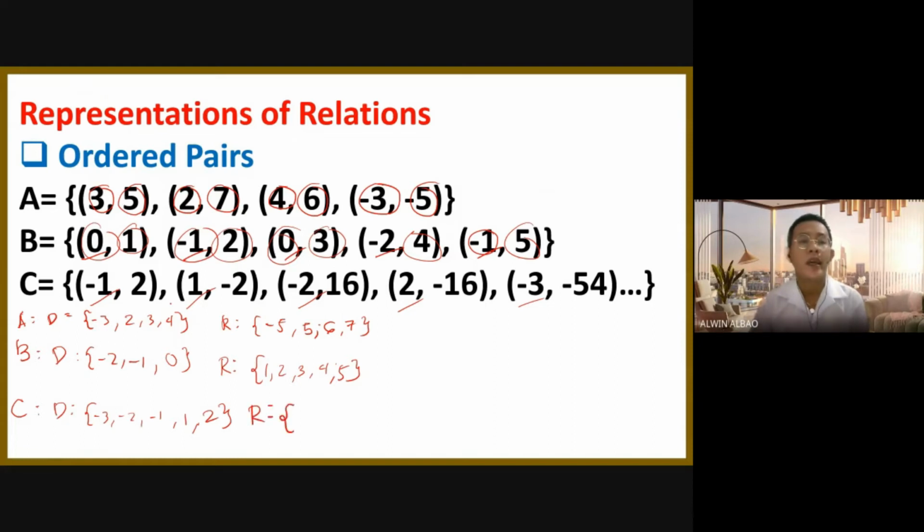So we have 2, negative 2, 16, negative 16, and negative 54. So we have negative 54 first, followed by negative 16, then negative 2, then positive 2, and then positive 16. So this is our domain and range of set C. That is how we identify the domain and range in ordered pairs.